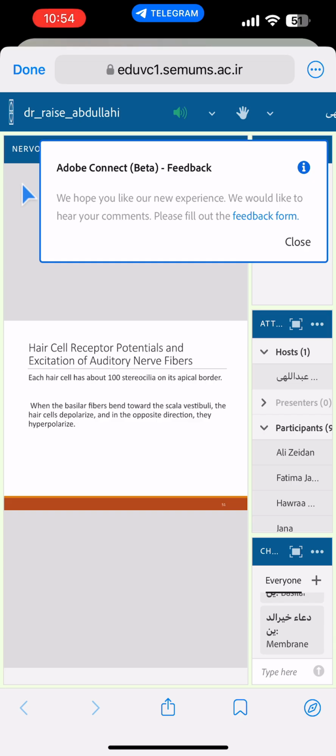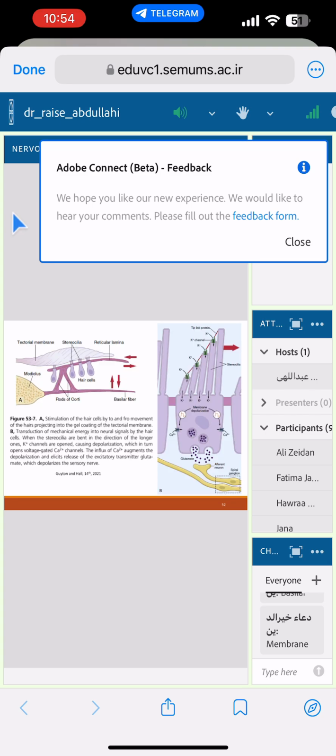Hair cell receptor potential and excitation of auditory nerve fiber. Each hair cell has about 100 stereocilia on its apical border. When the basilar fiber bends toward the scala vestibuli, the hair cell depolarizes, and in the opposite direction, it hyperpolarizes.